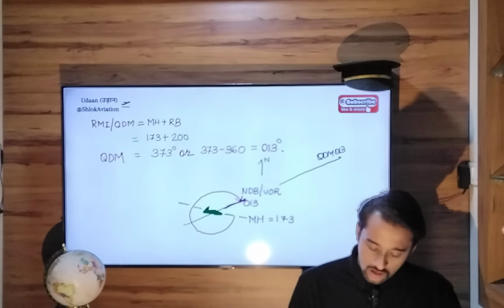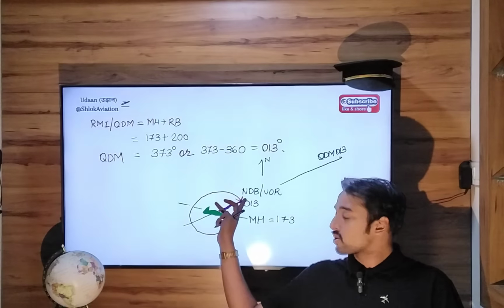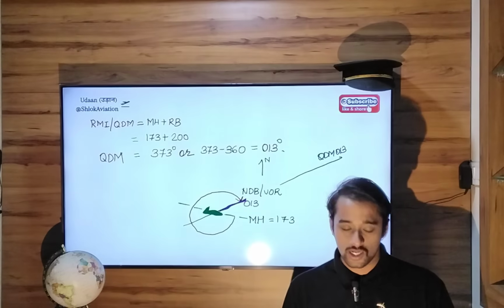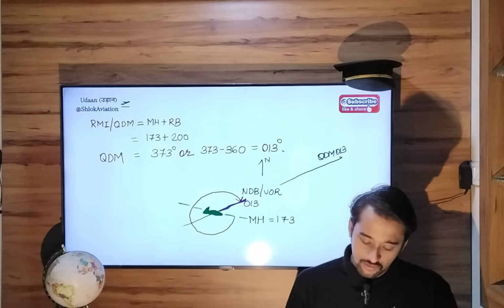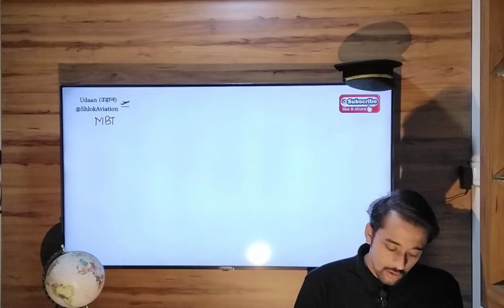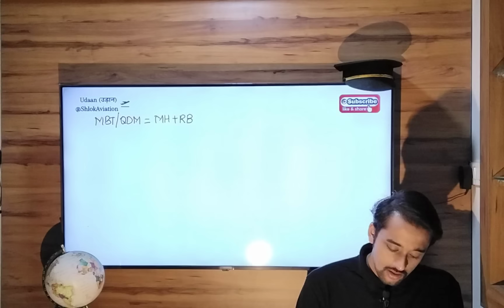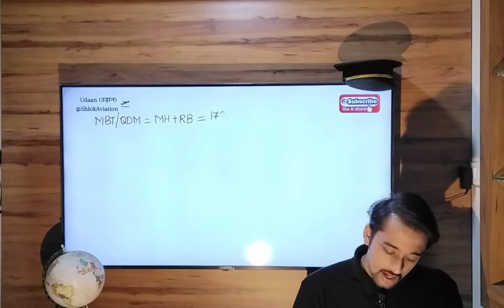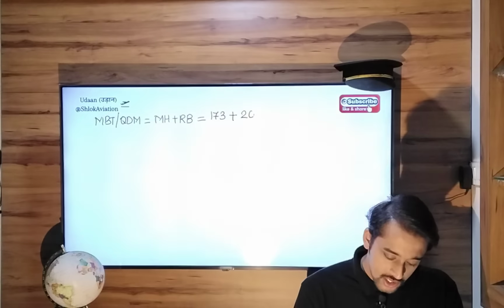So now the relative bearing starts from aircraft heading and goes towards the track towards the VOR station. So this angle will be how much? It will be magnetic bearing to the station, or QDM, equals magnetic heading plus relative bearing, which is magnetic heading 173 and relative bearing 200.